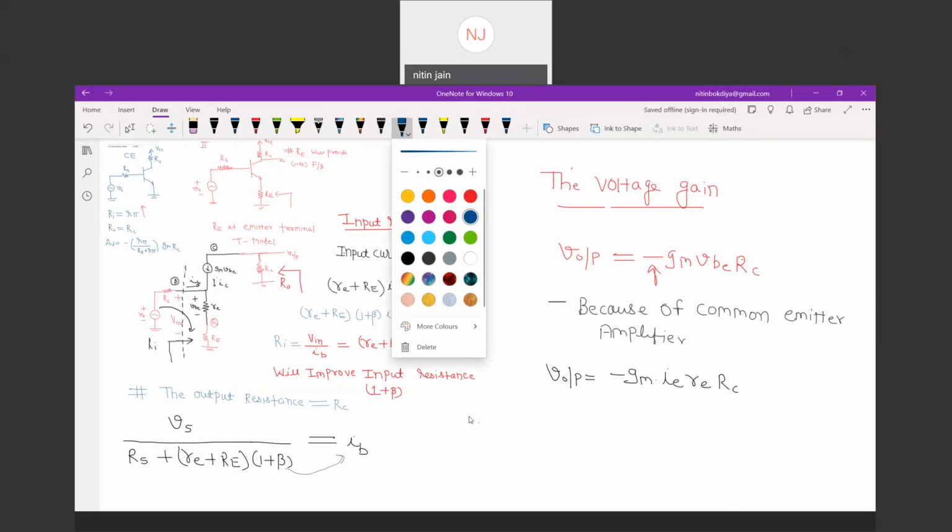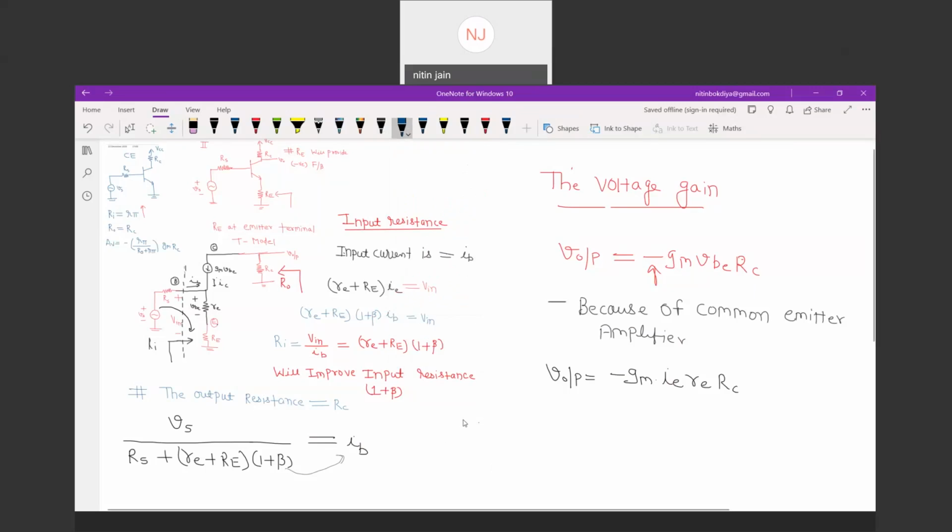If I multiply this 1 plus beta here, then you can say the value of IE is equivalent to VS divided by RS plus RE plus RE into 1 plus beta.